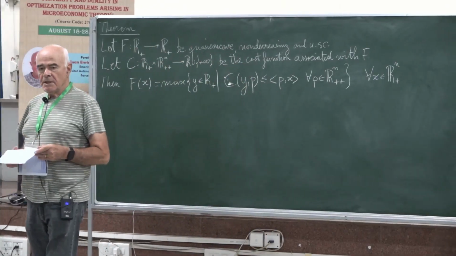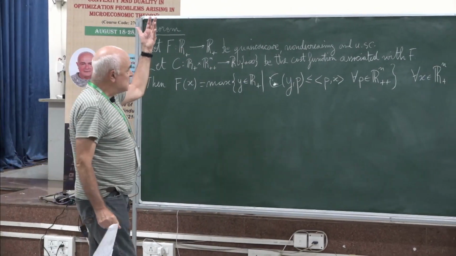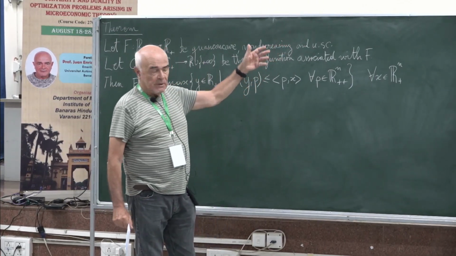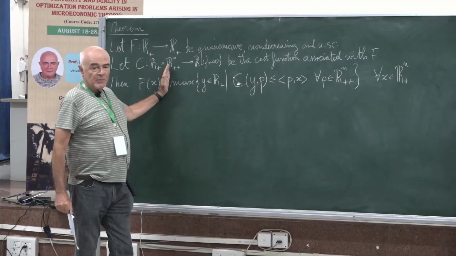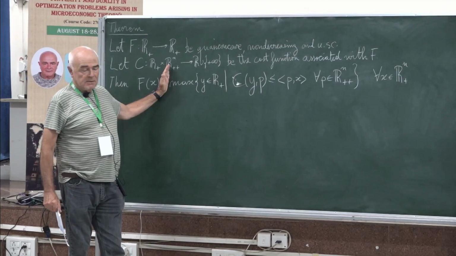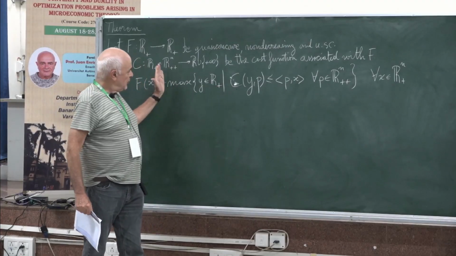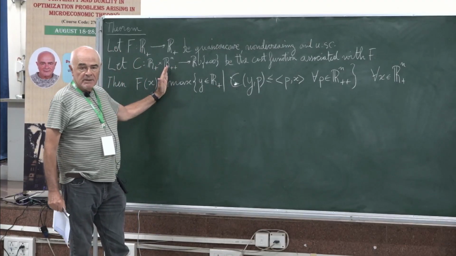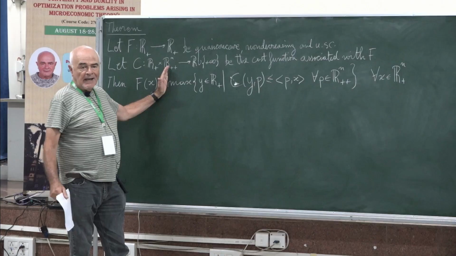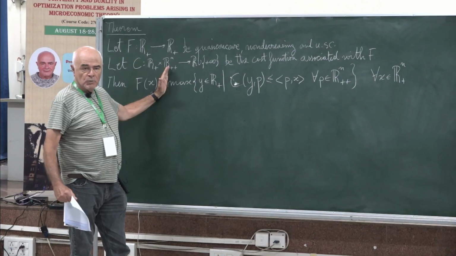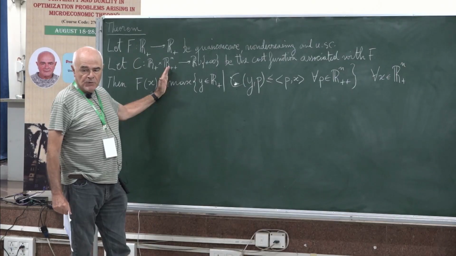Okay, so it is saying we have a nice production function, quasi-concave, non-decreasing, and upper semi-continuous. Then we apply the right-hand side to c, the cost function associated with f, to obtain an equivalent production function, a production function that will have the same associated cost function.